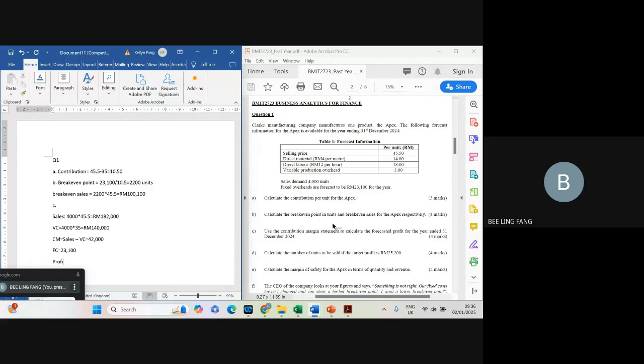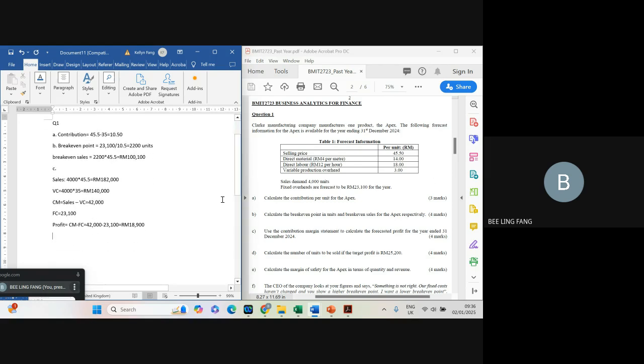So profit equals contribution margin minus your fixed cost. Okay, so this is how you calculate the profit.